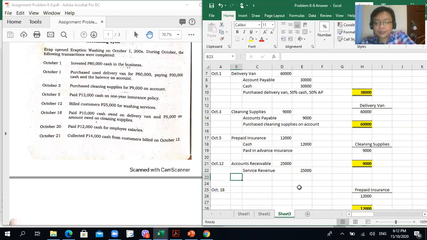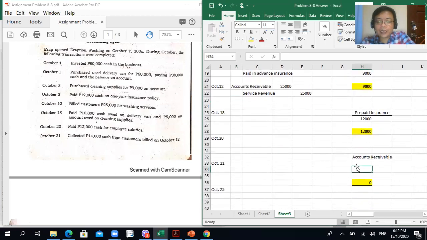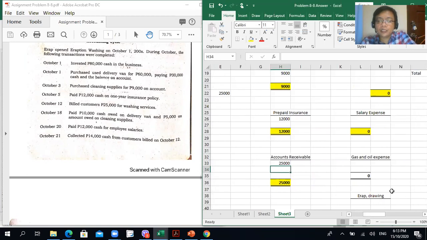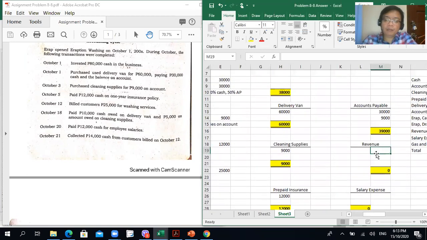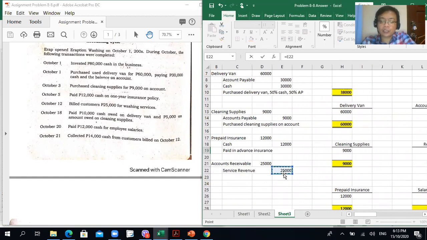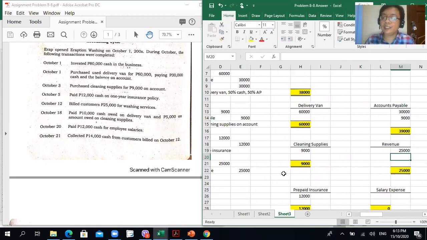After that, you go to the asset side. So you put 25 here, and service revenue is part of the nominal account and part of your capital, but for the meantime it is part of your nominal accounts or the income statement.